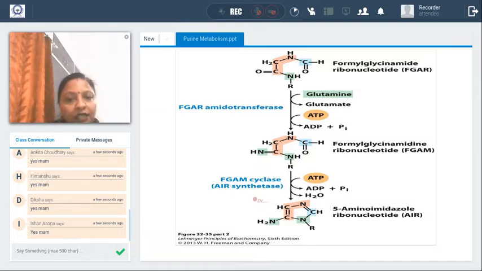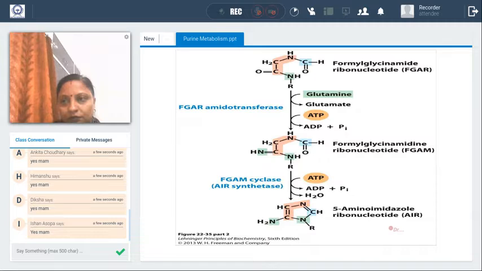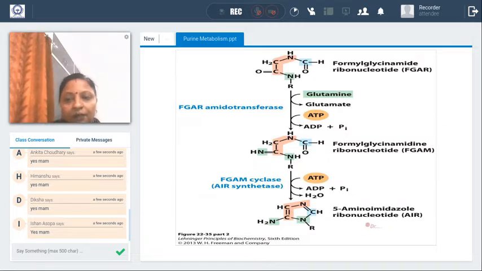What is this AIR synthetase? It is a very important molecule in the whole process. That is 5-amino-imidazole ribonucleotide, that is AIR. AIR means A for amino, I for imidazole, and R for ribonucleotide.